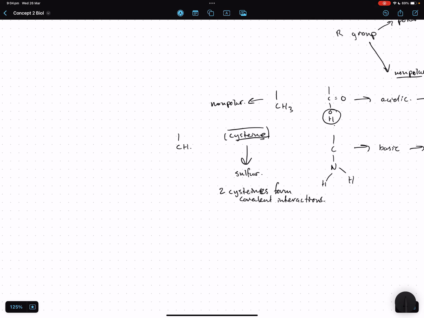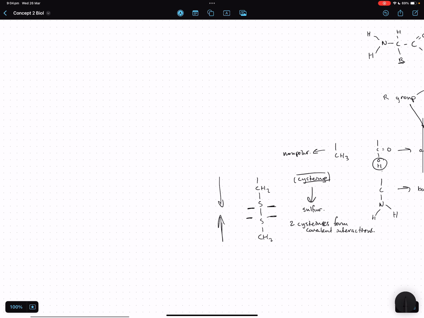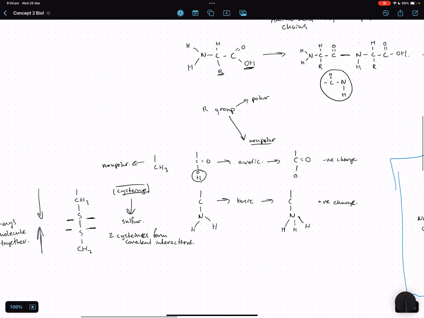So N terminates into S, and if you have the end of one, you have the start of another, SCH2, and that brings the molecule closer together, right? That's how it coils. It brings the molecule together. Yep. Cool.